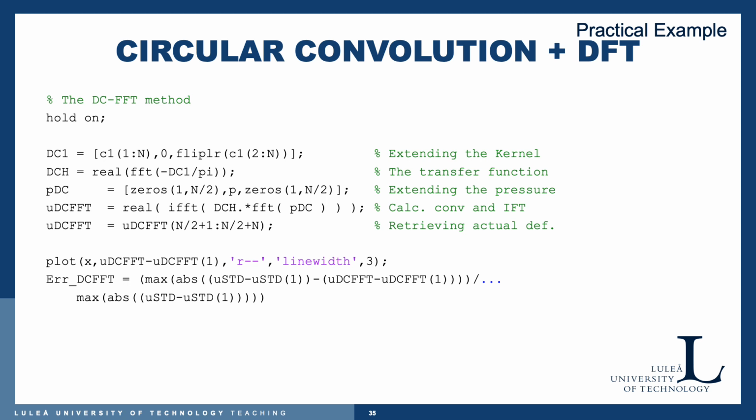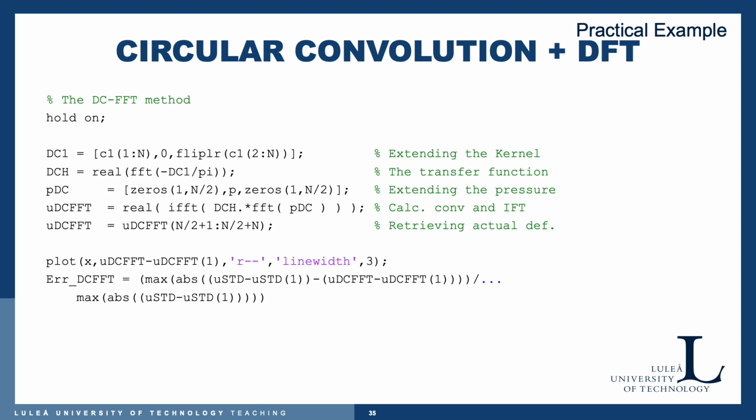We have already defined the C1 vector. We take that vector, we add a 0, and we add a flipped copy of it, but not all of it, to have it correctly defined.